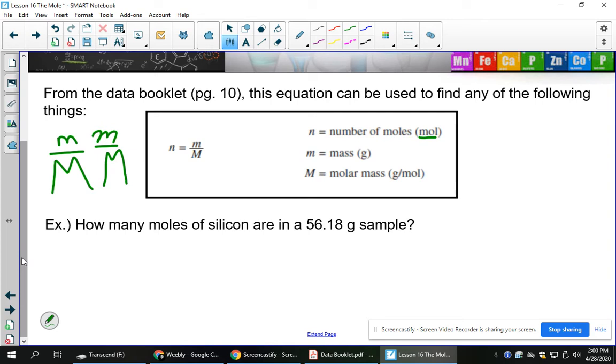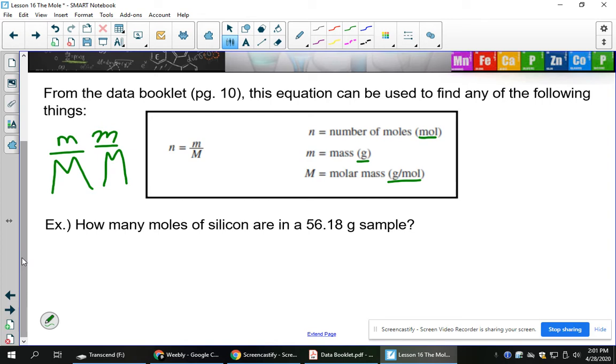So we can't be confusing ourselves and saying M for two different things. So we say mol. We do not abbreviate any shorter than that. The mass, if I went to the chem lab right now and I measured out a certain mass of substance, I would measure it in grams. And then the molar mass that we just learned how to calculate is how many grams per 1 mole is something.